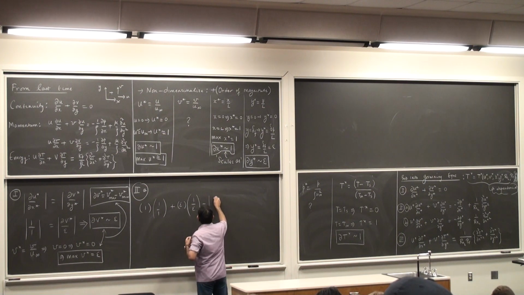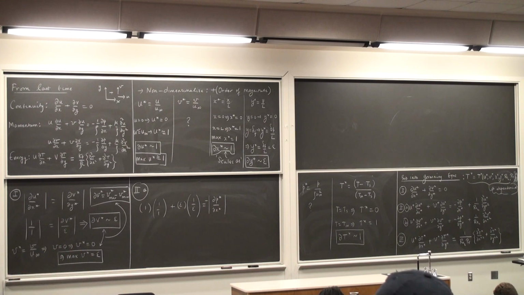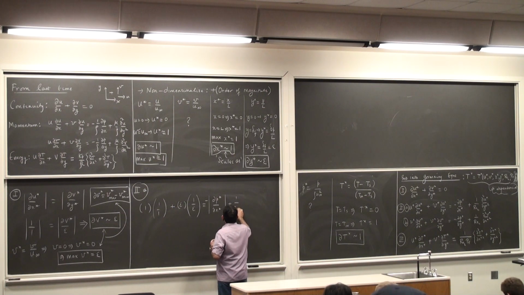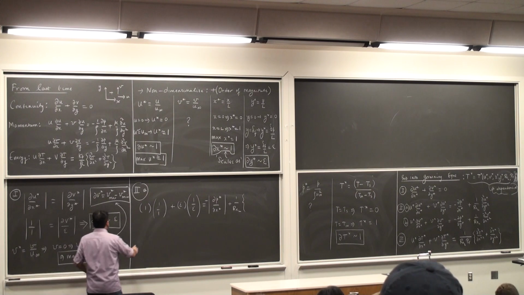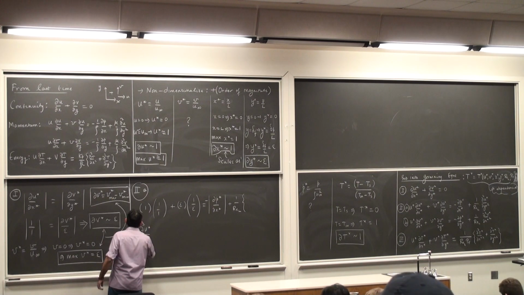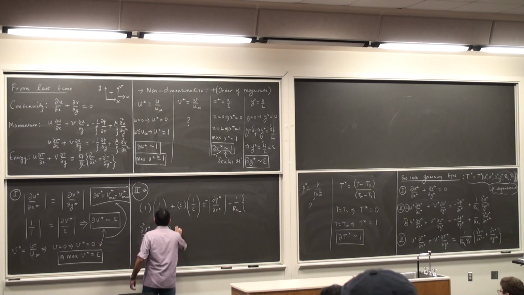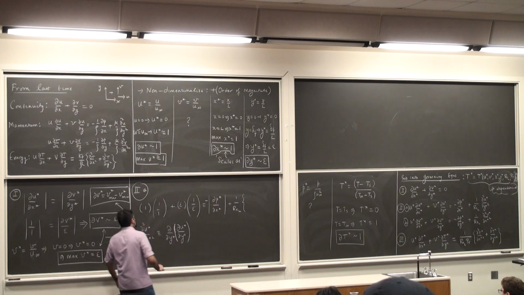This is equal to, I can put a negative sign, but it really does not matter. I'm looking only at magnitudes, plus the Reynolds number. And watch this. d square u by dy square is d by dy star of du star by dy star.